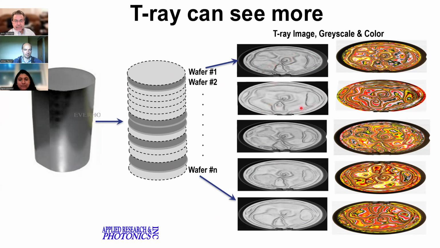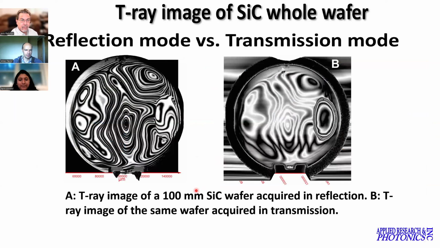And when you put them side by side from all the T-ray images, as you can see, this pattern inside here is transpiring. So it must have come from what was in the original ingot. So that's an issue that the industry now needs to deal with.